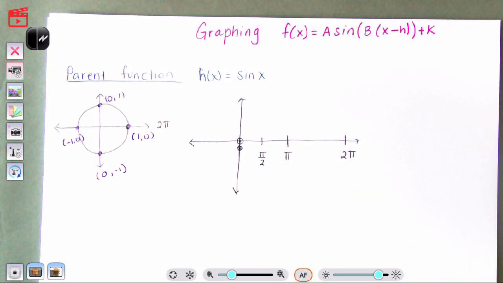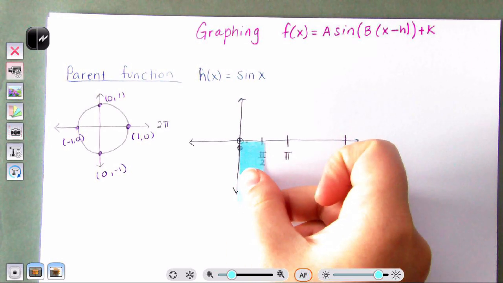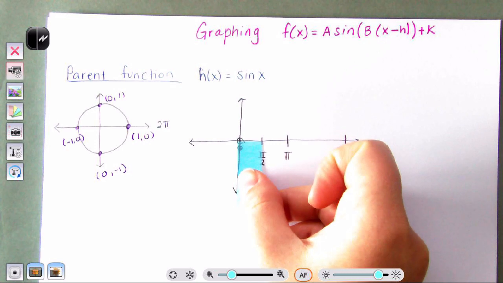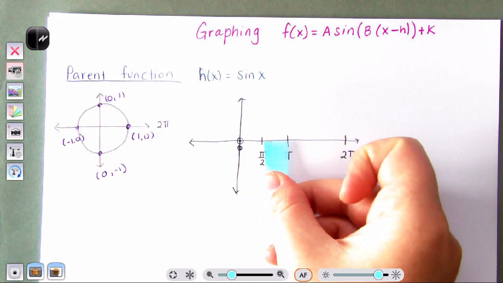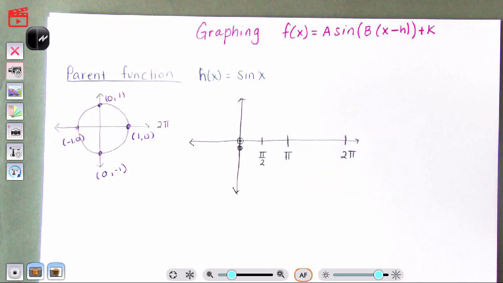And then this is where I like this trick. If I know that this distance right here is pi halves, I'm just going to keep adding that. So this is 1 pi half, this is 2 pi halves, this is 3 pi halves.